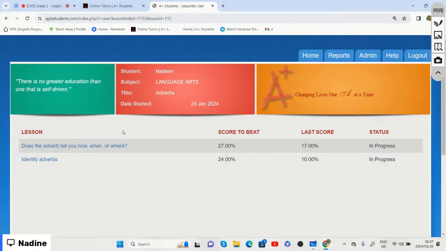We identified adverbs as well as whether the adverb tells us how, when, or where. All right, till next time. Goodbye.